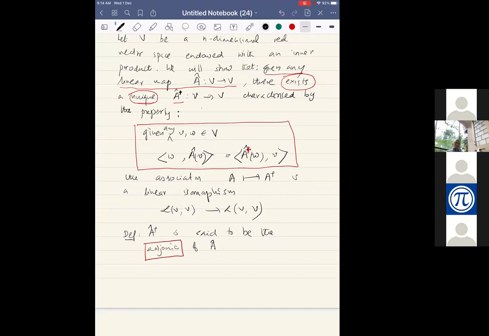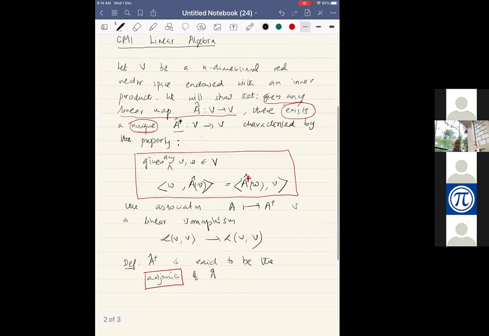First of all, before I prove this, are there any questions about the statement? I'm making a claim: provided that I have an inner product on V, for any A hat, I can define an A hat dagger such that this equation is satisfied.